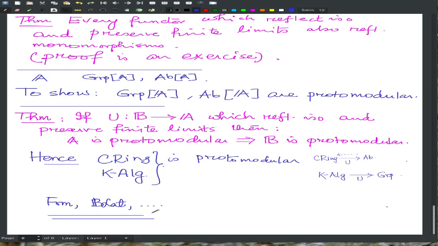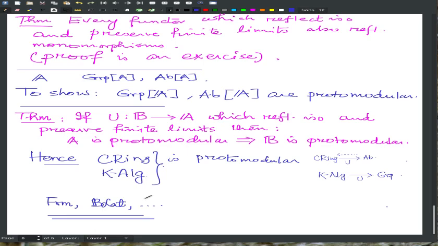Then obviously we have also seen that if you have this functor, okay, we will see this next time.